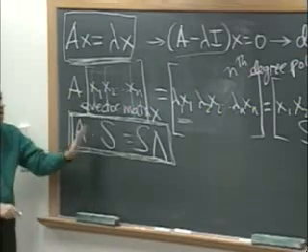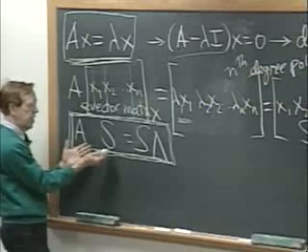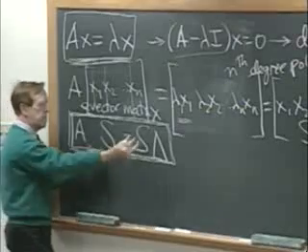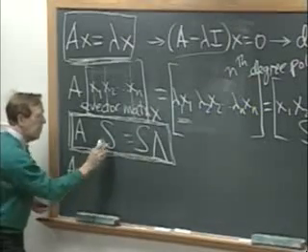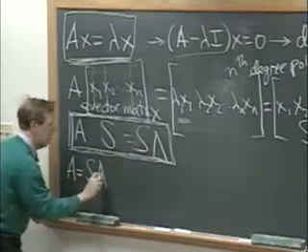So that's the way. Now let me just jiggle a little. I could multiply both sides by S inverse. So I would have then A equal, getting rid of that S, we'll put an S inverse over there.